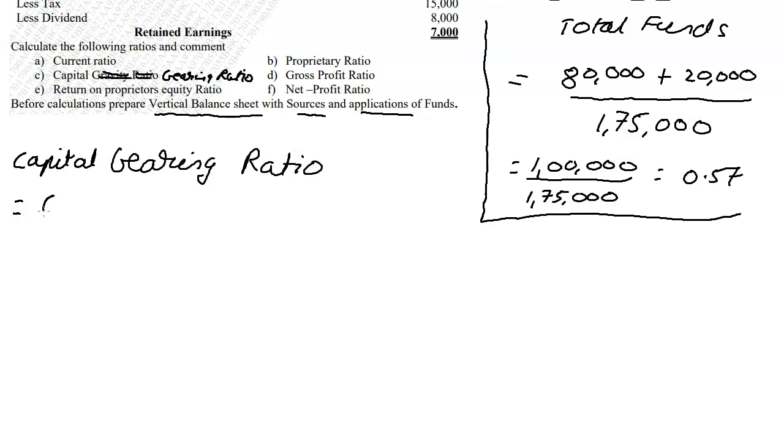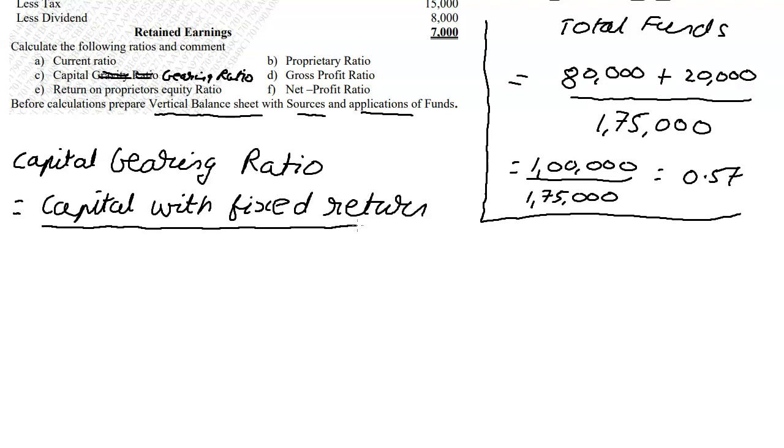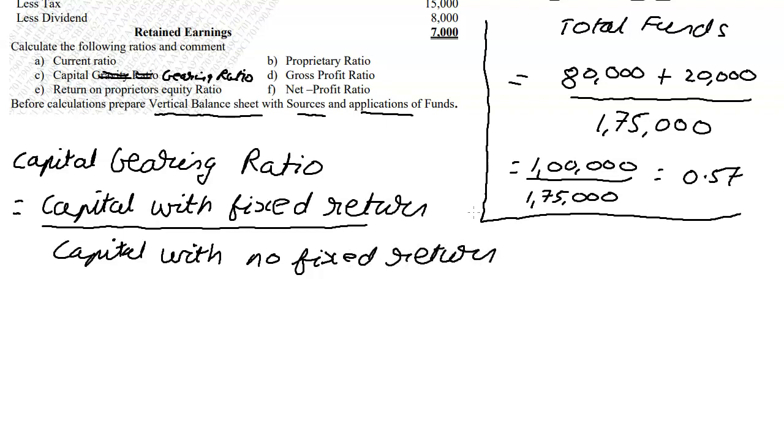Capital gearing ratio is capital with fixed return upon capital with no fixed return.